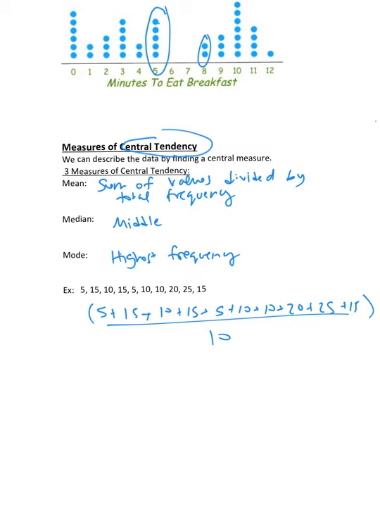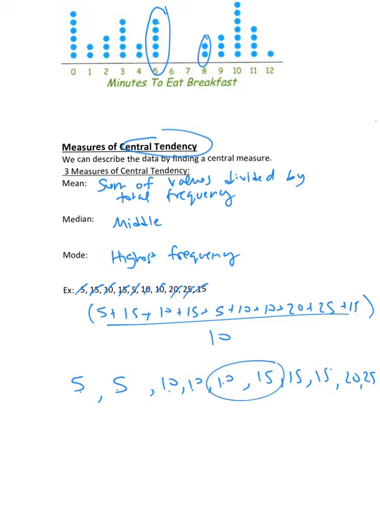The median would be the middle number, so if I ordered them first: 5, 5, 10, 10, 10, 15, 15, 15, and then 20 and 25. There are 10 numbers, so the 5th and 6th will be the middle ones. 1, 2, 3, 4, 5, and 6.